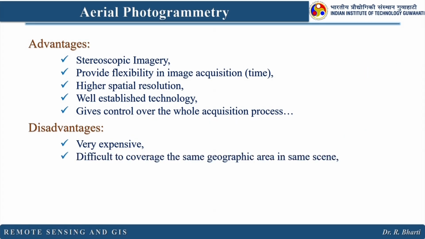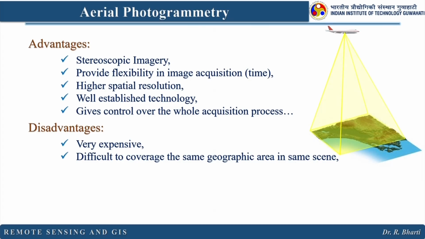The next point is that it is very difficult to cover the same geographic area in the same scene. Why? Because suppose this is your study area, and this was the first acquisition. In the next acquisition, basically what you did was you changed the position and captured from here.